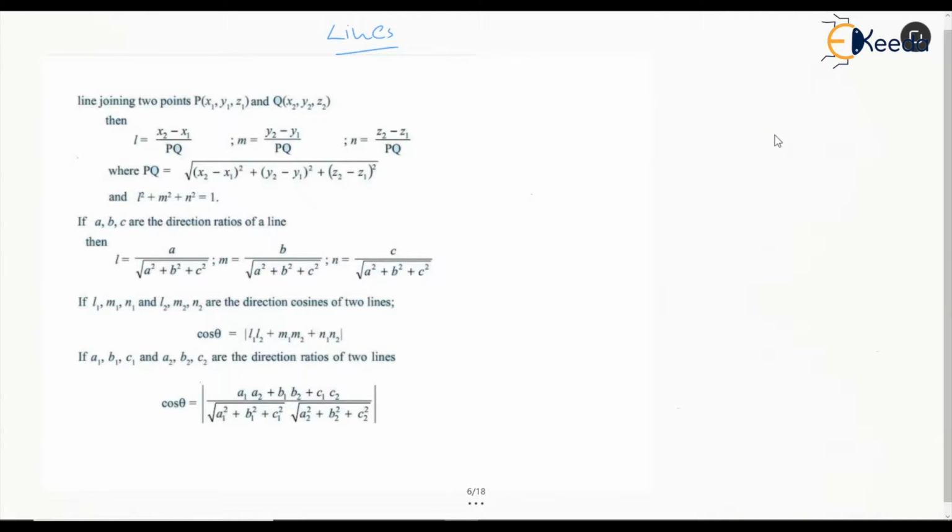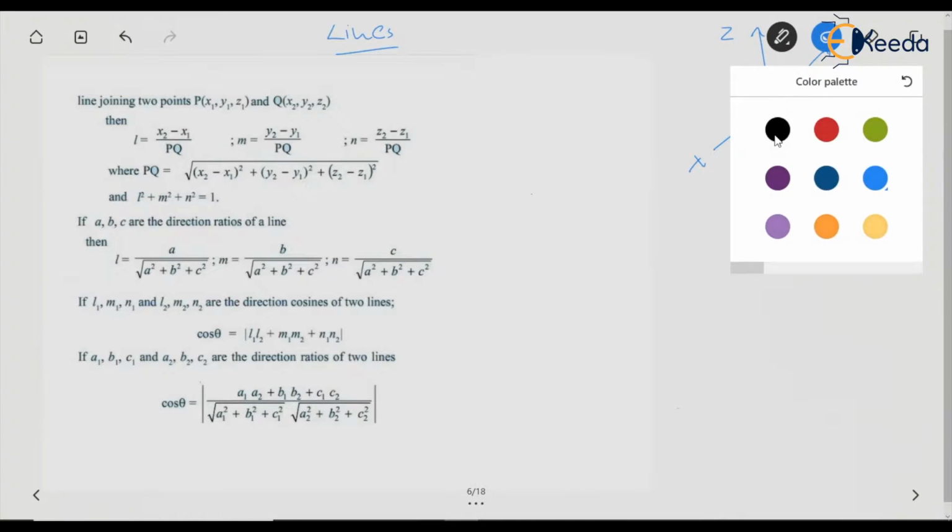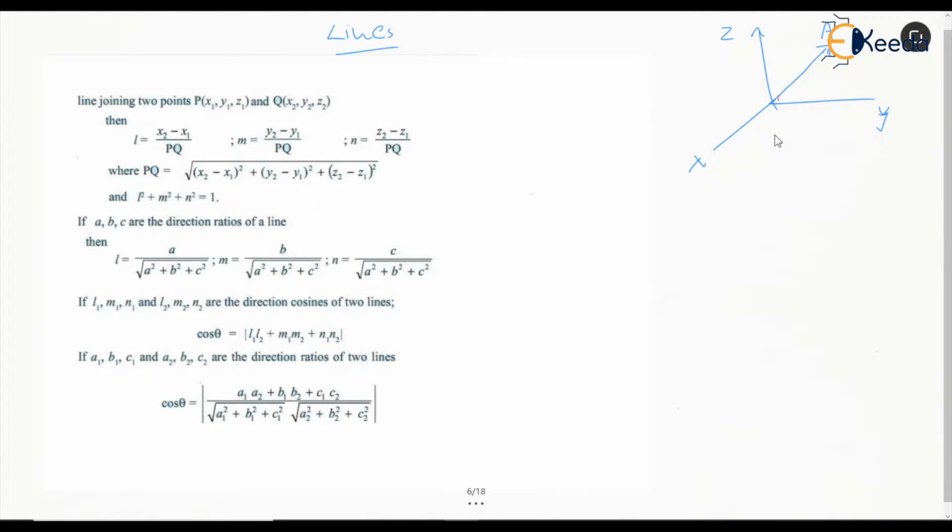Before that, let's see if we have a three-dimensional space, and this is a vector, let's say A, and then this is X, this is Y, and this is Z. So it might be making some angle with the X axis, let's say this is alpha, with the Y axis, let's say this is beta, and with the Z axis, let's say this is gamma.